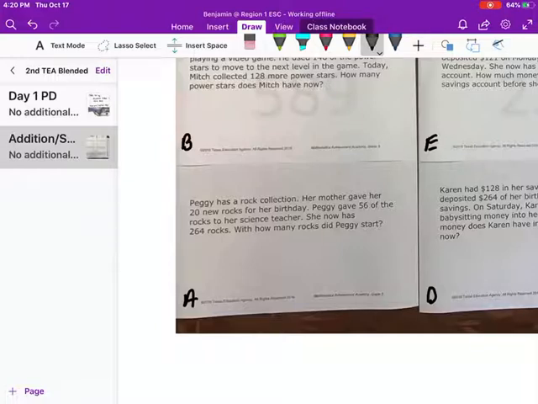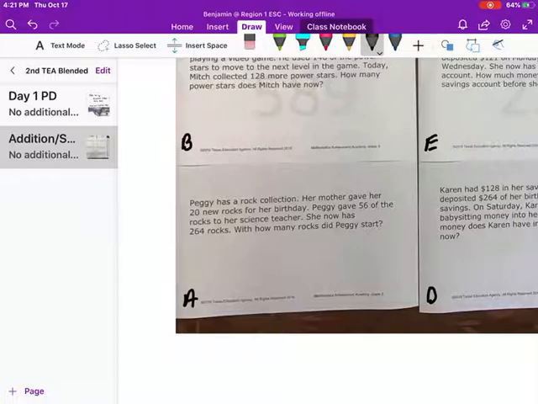She now has 264 rocks. With how many rocks did Peggy start? This is what we call a start change result problem, where the start is unknown. These are the more challenging problems because the beginning is unknown.